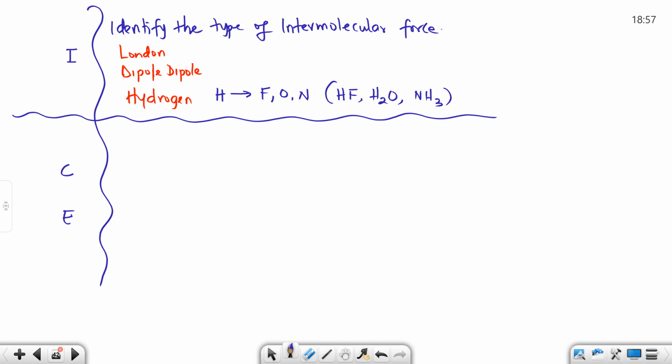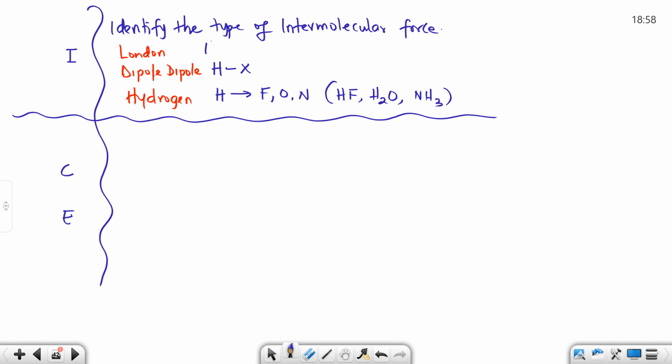So first you identify. Where do you find London? You are going to find London between hydrogen and a halogen. X is halogen. Hydrogen and what? A halogen. And what do you find there? You find what? Dipole.